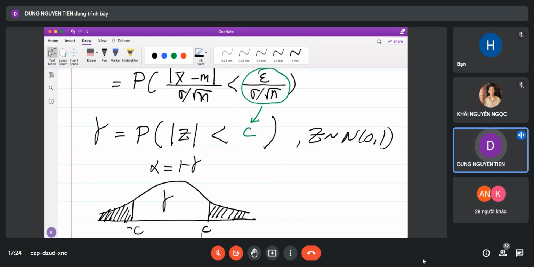Because the distribution is symmetric, you have two tails, and each tail should be alpha over 2. For example, if gamma is 95%, then alpha is 0.05, and each tail is 0.025.